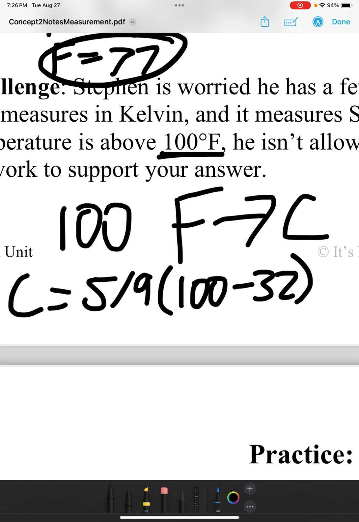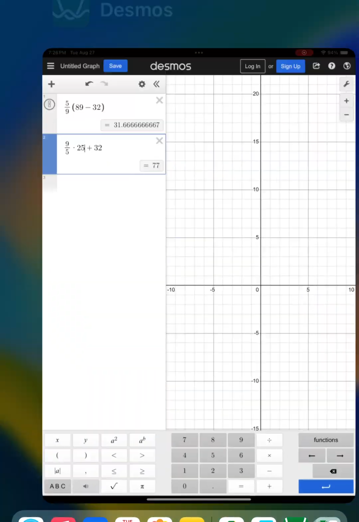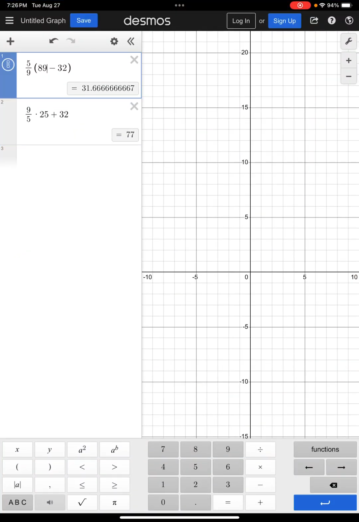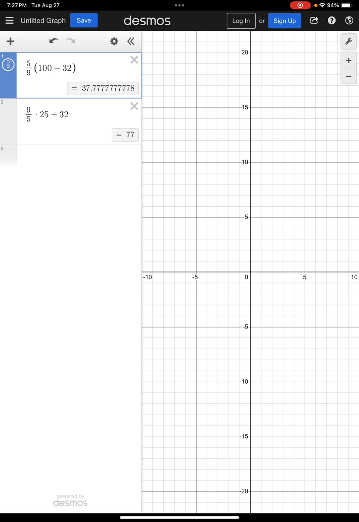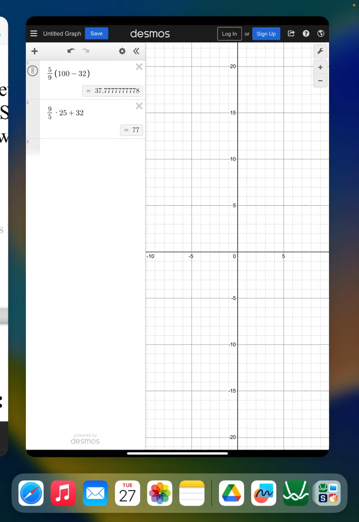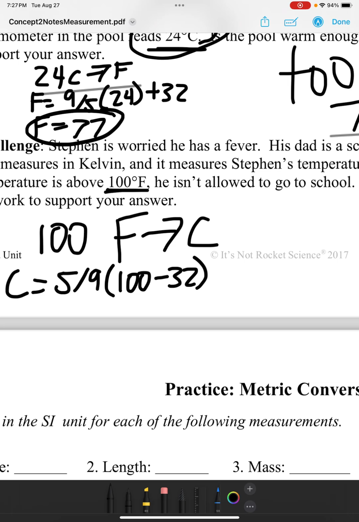And then I just need to type that into my calculator. So I'm going to type in 5/9 times 100 minus 32, like the top one I have up there. I'm just going to delete the old one and put 100 in. That gives you 37.7 repeating, so I'm just going to write that as 37.8.